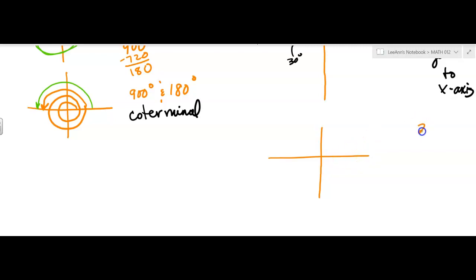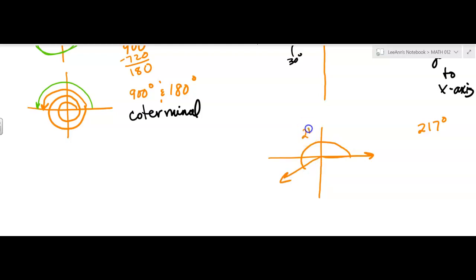Let me do it in orange. It would start here in standard position, right there on the x-axis, and then 217 is going to be over, not quite that far, about there.